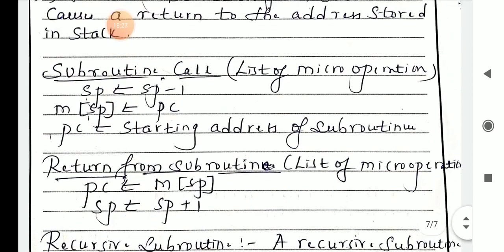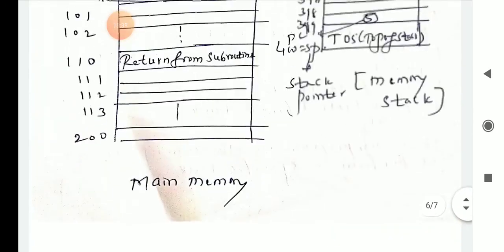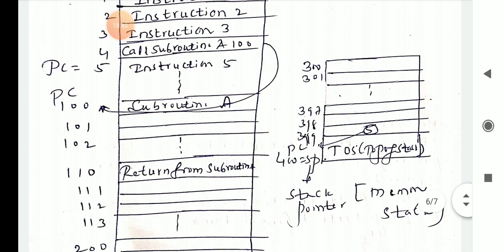So you can write the subroutine call list of micro operations, that is the SP. Stack pointer minus 1 means what? Whatever the stack pointer is, first it will not give your 400 value. It will give stack pointer minus 1, that is 400 minus 1, that is 399.